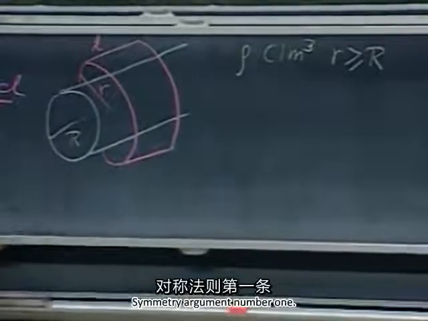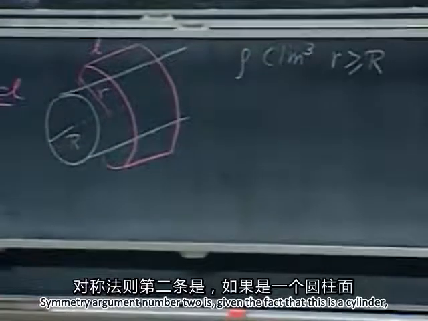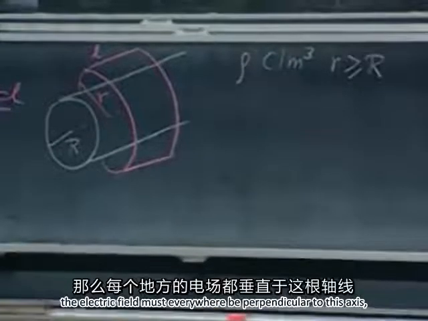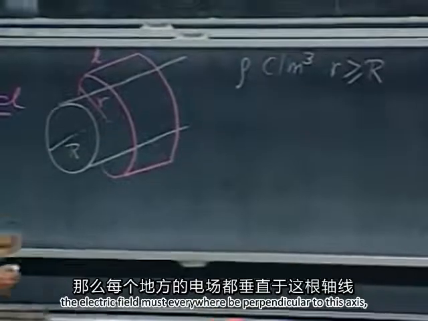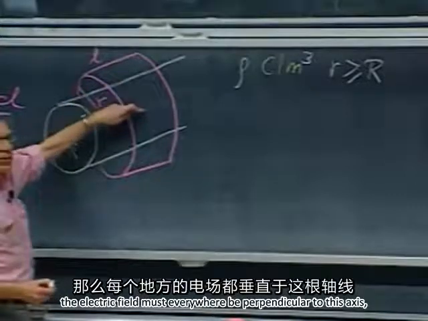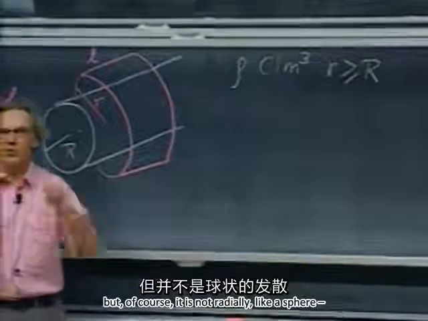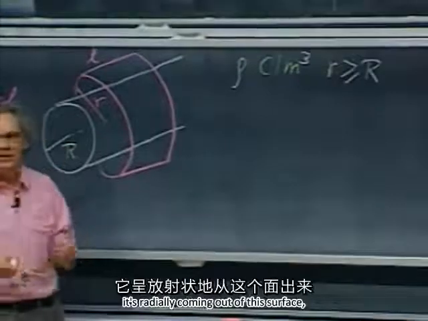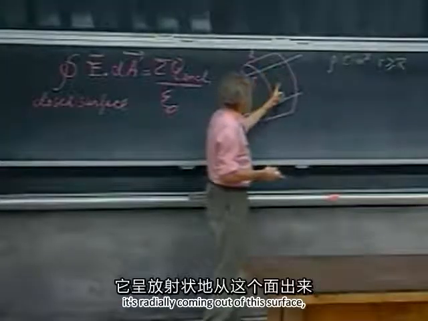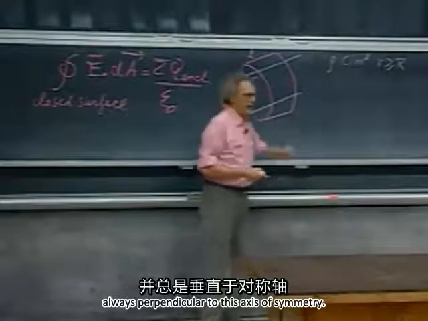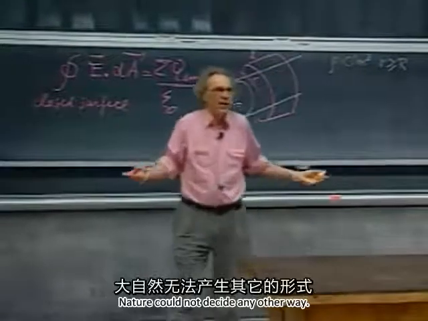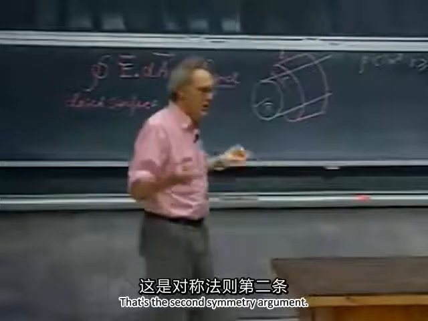Symmetry argument number 1. Symmetry argument number 2 is, given the fact that this is a cylinder, the electric field must everywhere be perpendicular to this axis, coming out. I call it radially, but it is of course not radially like a sphere. It's radially coming out of this surface, always perpendicular to this axis of symmetry. Nature could not decide any other way. That's the second symmetry argument.